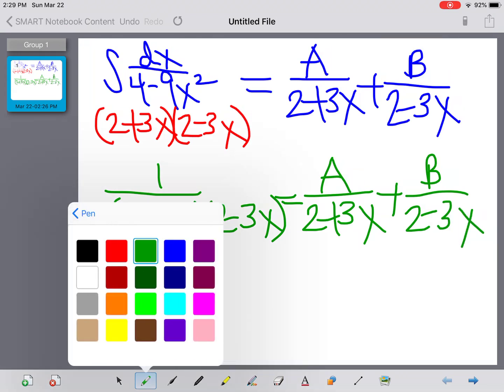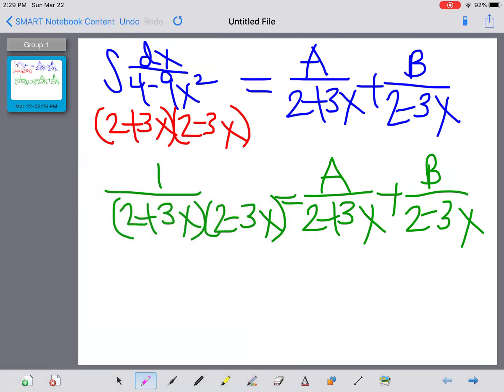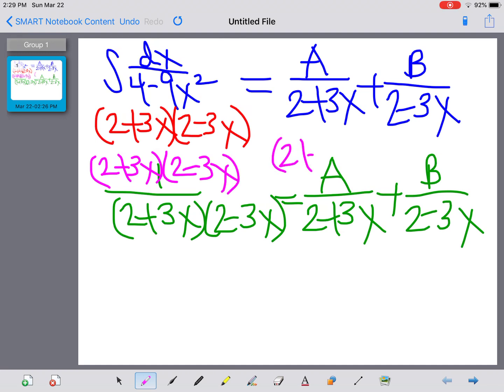So what we'll do next is take our common denominator and multiply it times each fraction. And we'll go fraction by fraction, cancel out stuff, and then write what's left over.